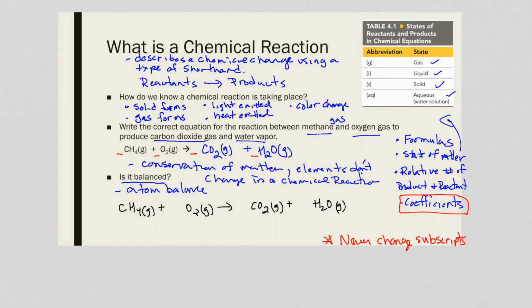But some hints that will get you on the right track: always balance first atoms that appear in just one place on the reactant and the product side. So for example, carbon appears here in the methane and here in the carbon dioxide. And leave elements that appear in more than two places till the end. So like oxygen appears here in O2, but it appears both in carbon dioxide and water.